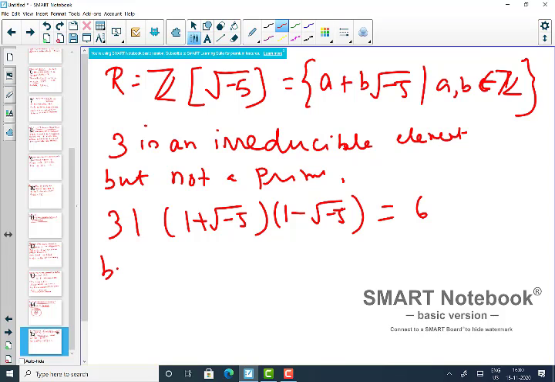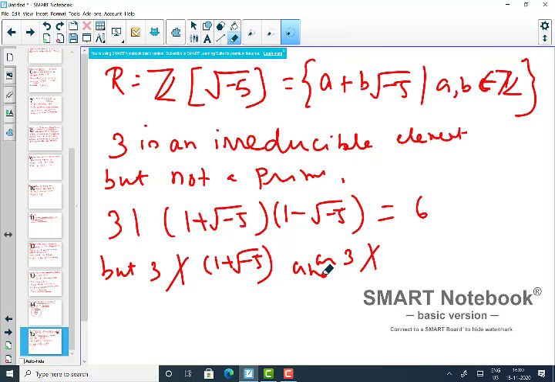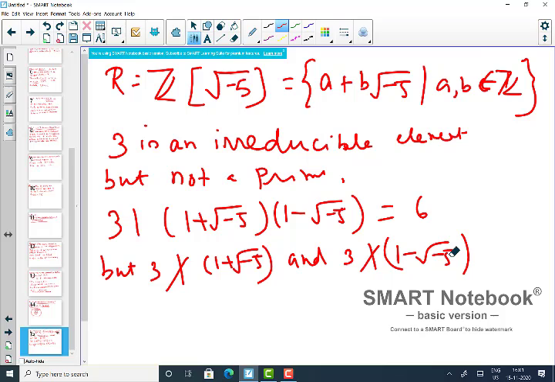But 3 does not divide either of those factors.